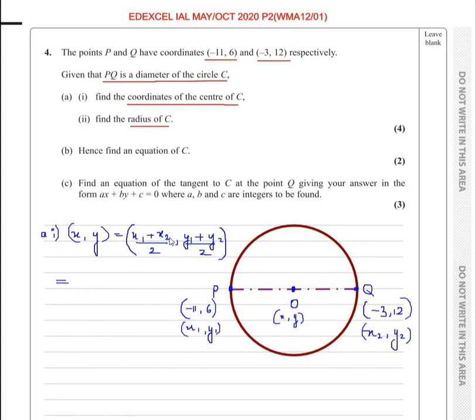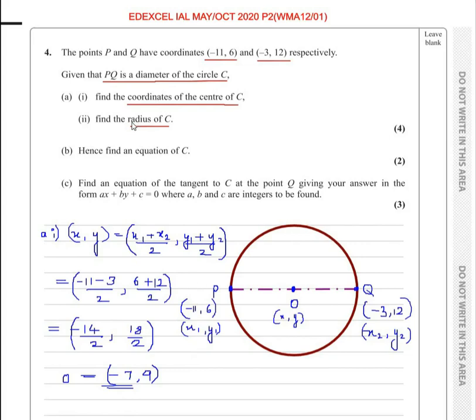So x1 plus x2, that is -11, -3 divided by 2, 6 plus 12 over 2. So solving this, we have -11, -3 gives us -18 over 2, and 6 plus 12 gives us 18 over 2. The coordinates we get is -7, 9. These are the coordinates of the center O.